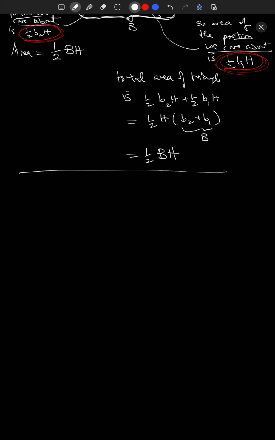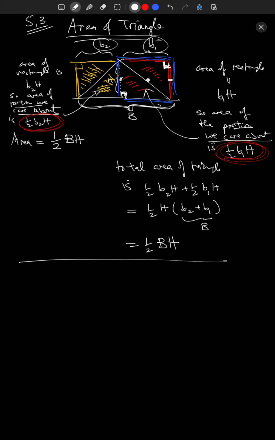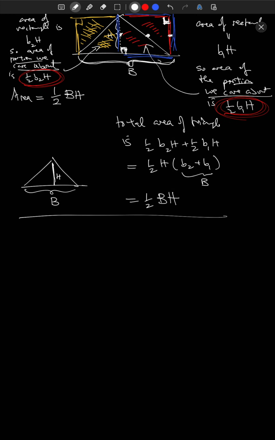Okay, so what we're going to do is get a couple different formulas that can be used in different contexts. So this one is very useful if you know a base and a height, right? So if I know the base and I know the height, then obviously I can just plug them into the formula. But perhaps in a lot of circumstances, you might not have especially the height, right?